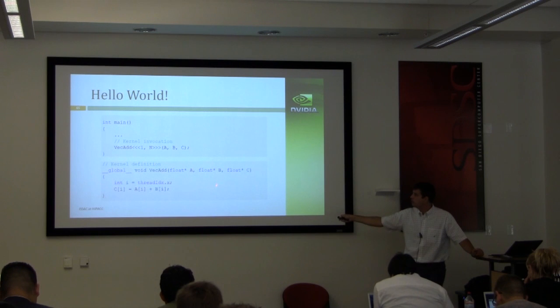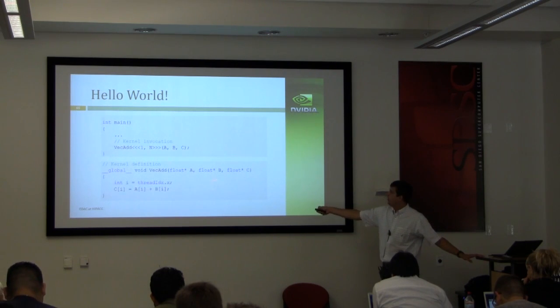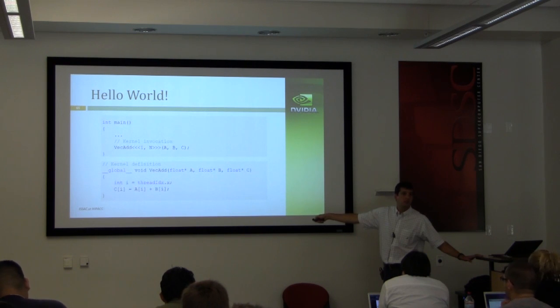And this is how your kernel definition looks. It's just like a piece of C, but it has this global keyword in front of it. That's what determines this is a kernel that will be running in parallel on the GPU. So you get the pointers, and each thread can figure out who it is based on built-in variables, essentially figuring out which piece of data they should be running on, and then they do a single addition.